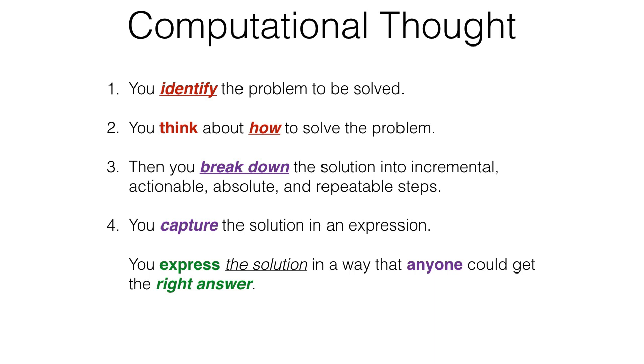Why is that important? Why do I keep harping on that? Why is it so important that anyone or anything, any device, whether it's my phone, an iPad, my computer, your neighbor's computer, a web server, whatever device is running your expression, why is it so important that it always gets the right answer?